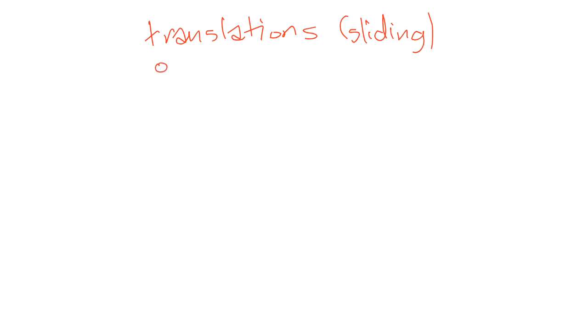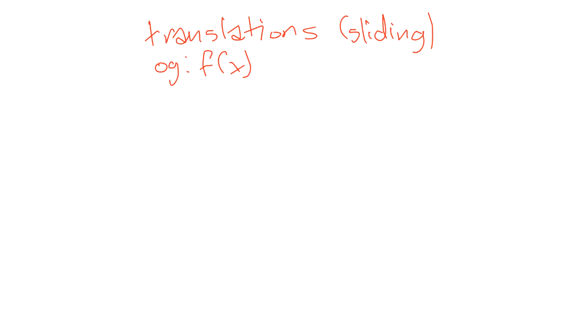Okay, so transformations, our main types we're going to have are going to be translations, which is sliding. And we can essentially slide things up and down or left and right. So if we want to move things up or down, let's say we have our original f of x.